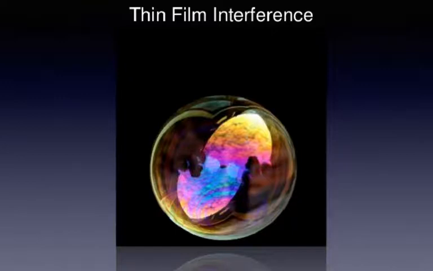We said in the previous video that thin film interference occurs when light waves reflecting off the top and the bottom surfaces of a thin film interfere with one another. This type of interference is the reason why thin films, such as oil or soap bubbles, form colorful patterns.